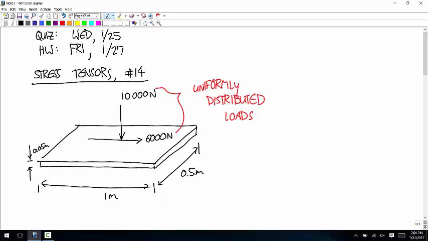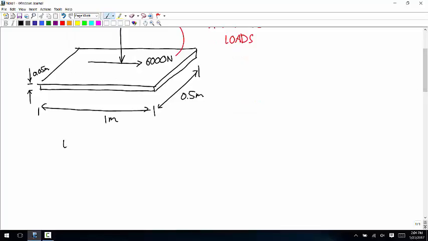And we want to figure out what are the restrictions on the stress tensor. Does it say on the top face? Yes.